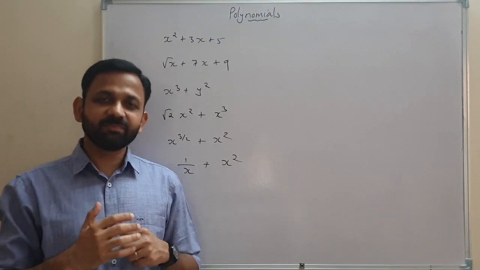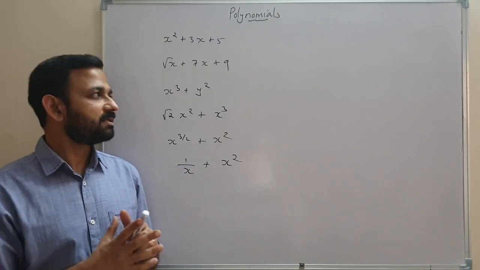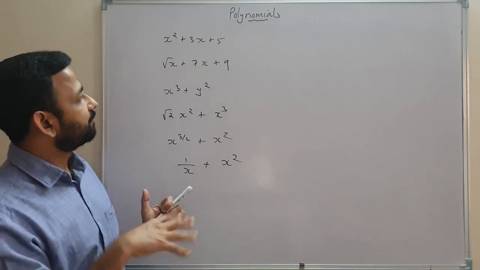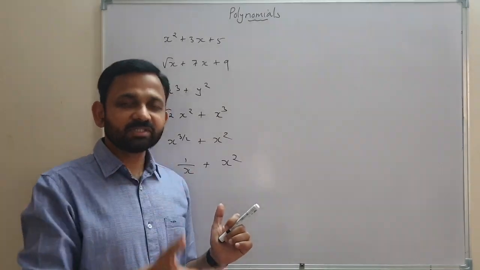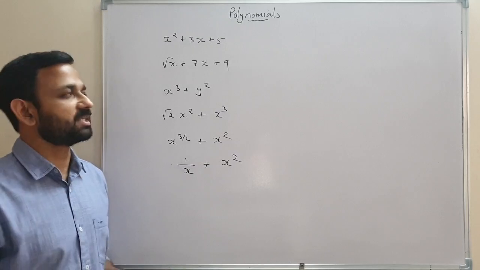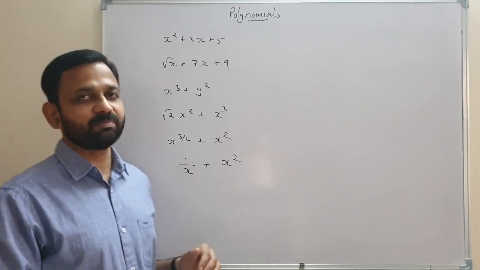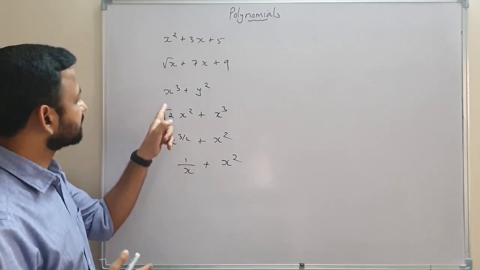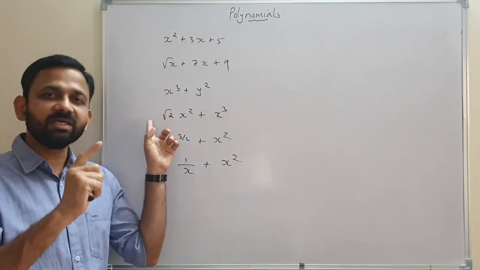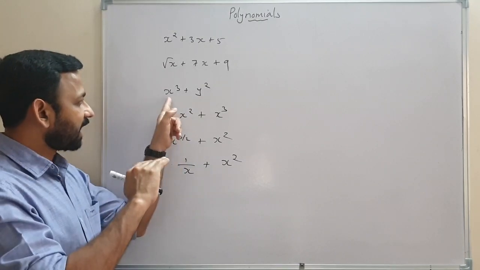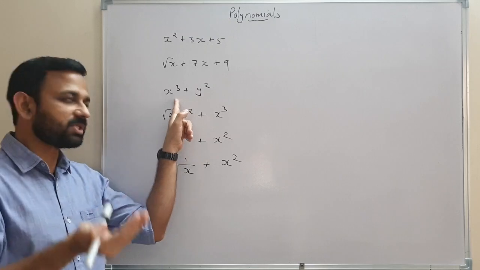And we know what an algebraic expression is. An expression which contains variables, constants, or variables and constants is called an algebraic expression. So here the variables are x and y. x and y are the variables, their values are varying, as we studied in lower classes.